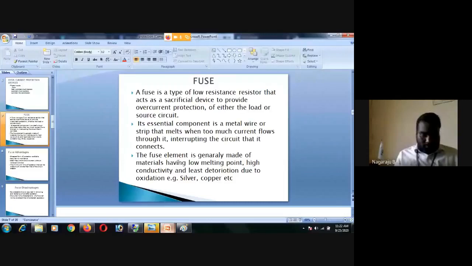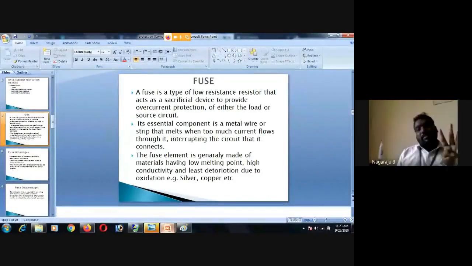Power fuses have special features. First is a large range of current carrying capacity. Then high interrupting voltage ratings.